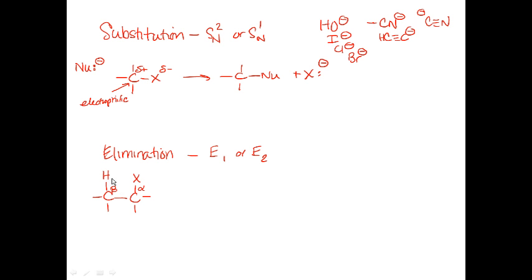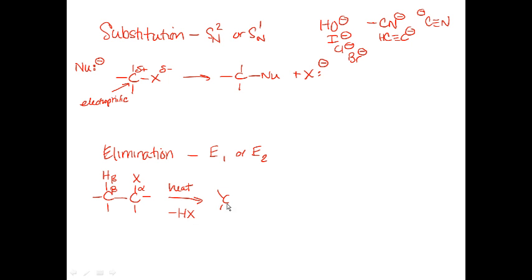And the hydrogen attached to the beta carbon is called a beta hydrogen. So what happens in this case is that if I take this alkyl halide, I can do one of two things. I can either react it with heat. What I'll end up doing is losing HX.